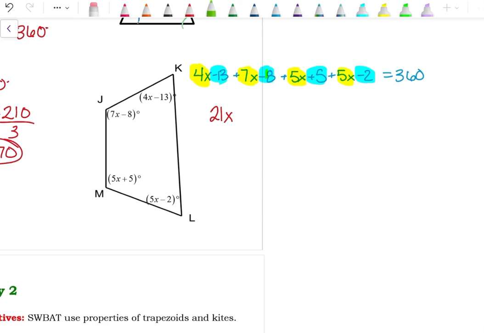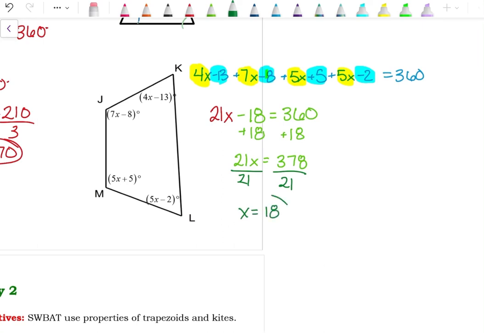Add all those up, and I get minus 18, still all equal to 360. We'll add over that 18, and we get 21x is equal to 378. Then we'll divide by 21 on both sides to get that x alone, and we end up with x is equal to 18. Since we were just asked to find x, we're done once we do that.